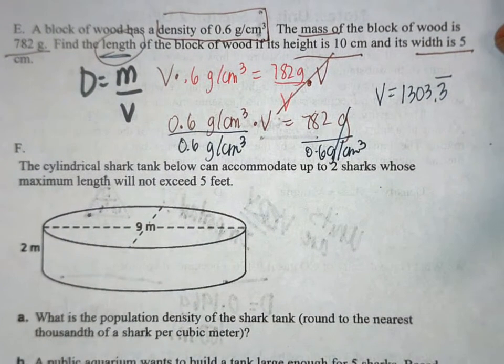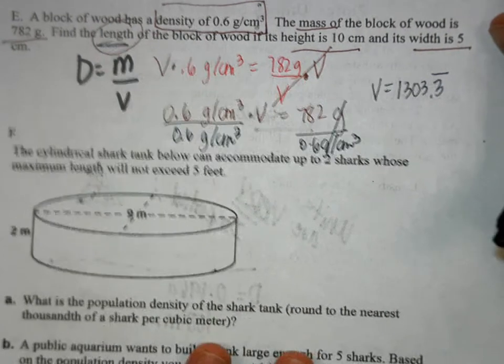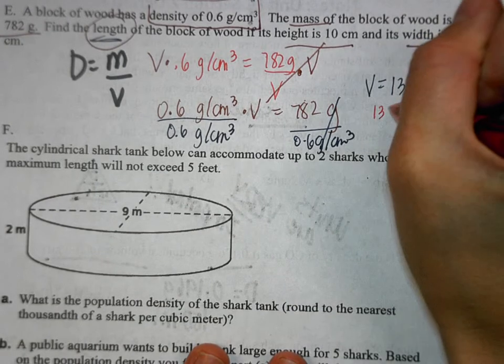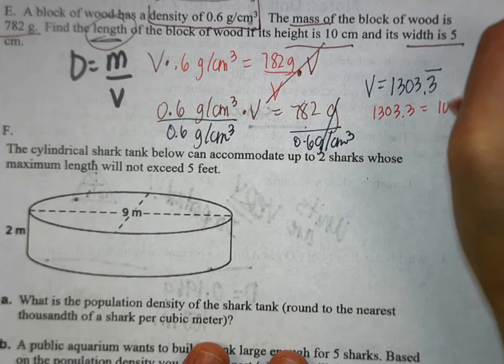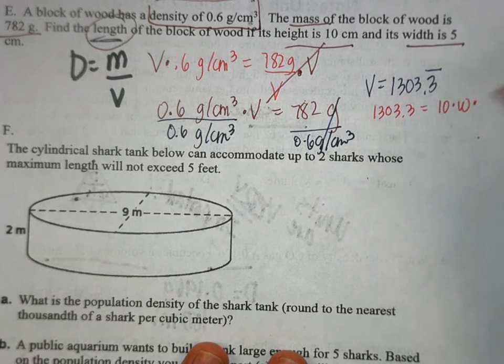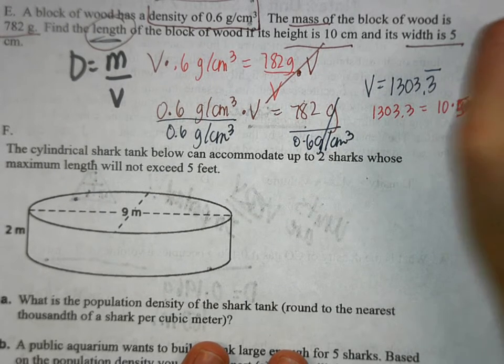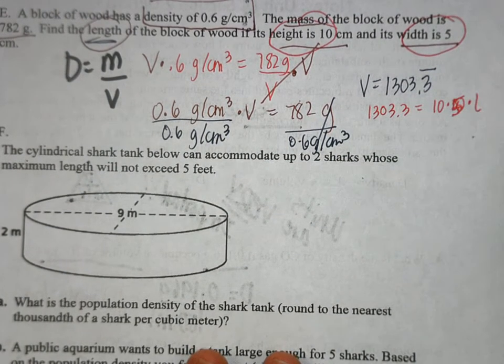And so we know with the cube, to get the volume, it's length times width times height. So I'm gonna make a new equation now. I'm gonna write volume, 1,303.3 equals 10 times W, or my W, sorry, is 5. So I'm plugging in my 10 for my height, my 5 for my width, and then we're going to go times L for my length.